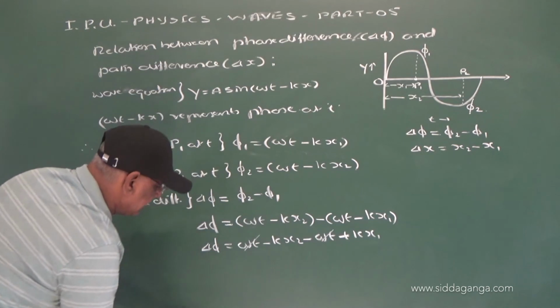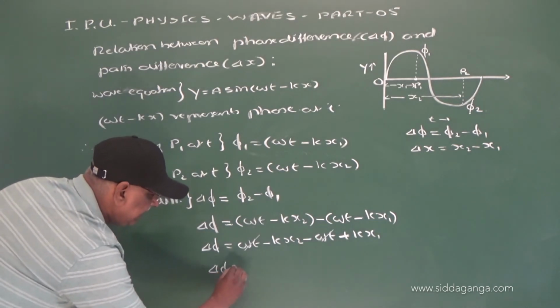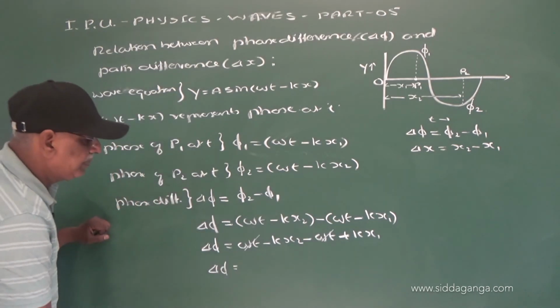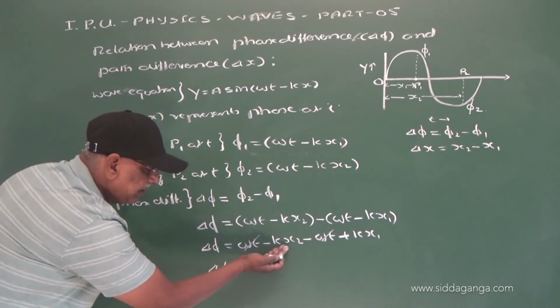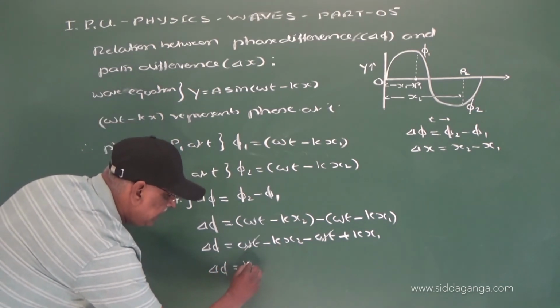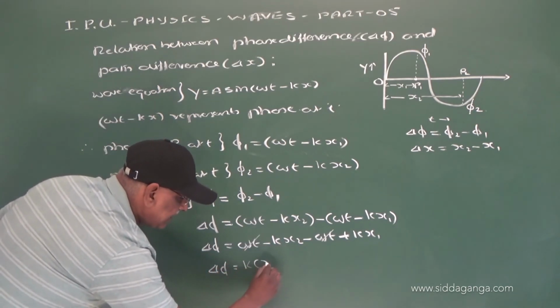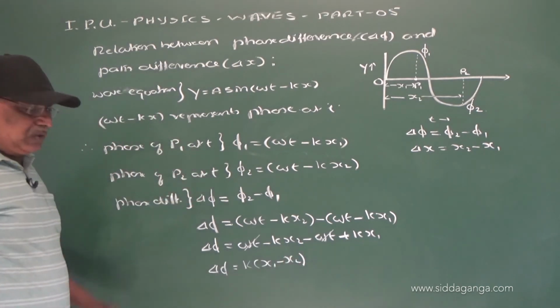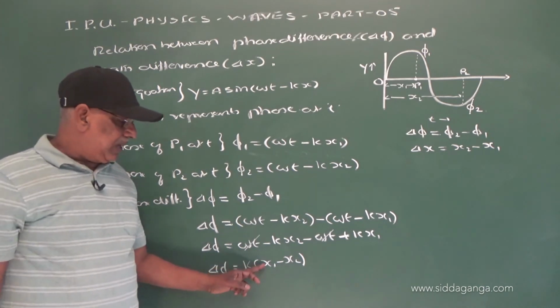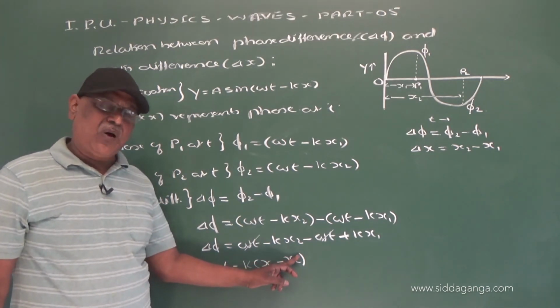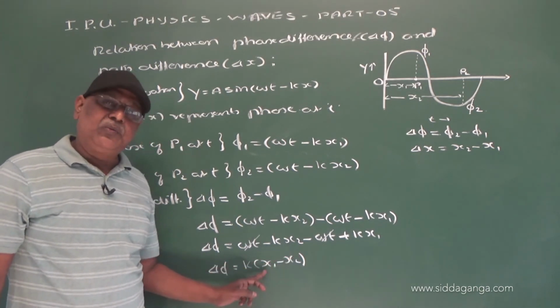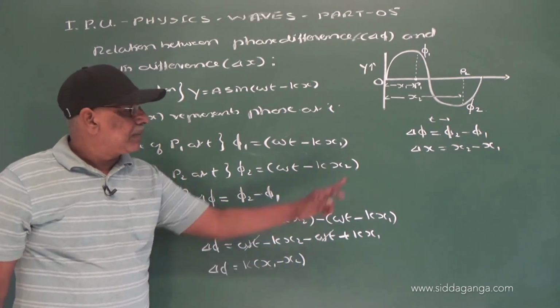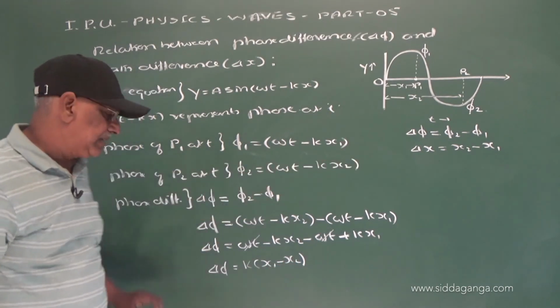Omega t gets cancelled, and delta phi is equal to k into x1 minus x2. So both x1 minus x2 or x2 minus x1 represent the path difference.